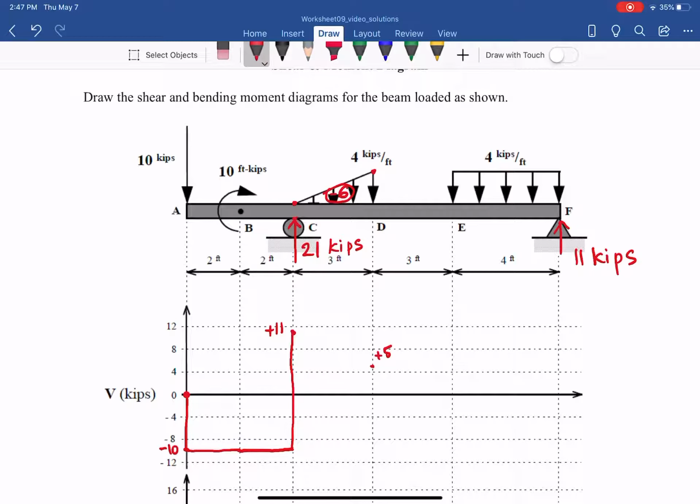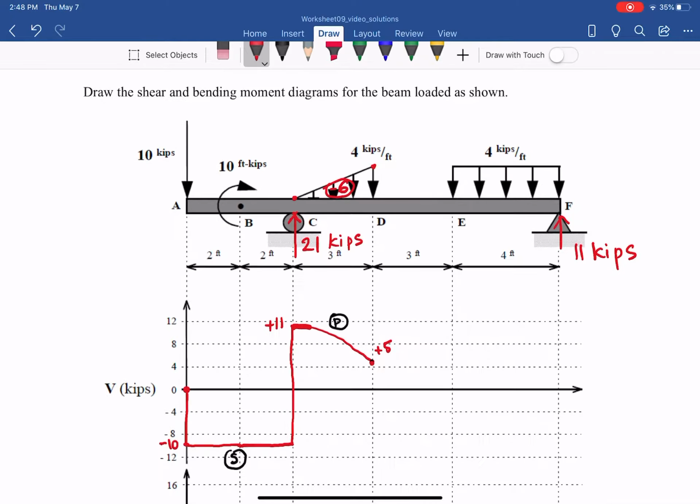So it will be a parabola going down, with 0 slope where it starts at C, and then the slope increases gradually until you get the shear at 5 kips.